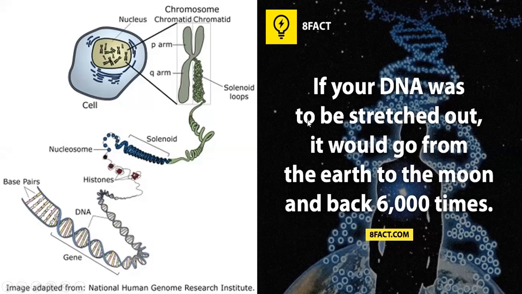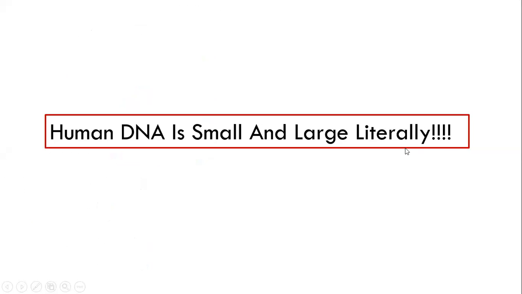So imagine a human body with such a long macromolecule, the nucleic acid, being condensed into a small nucleus of about 100 micrometers, the length of the cell here. So in a literal sense, human DNA is short and, at the same time, long. It is small and large at the same time.